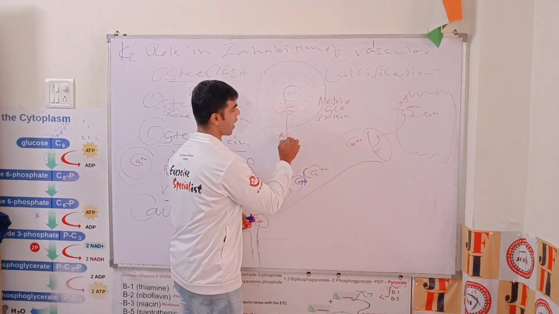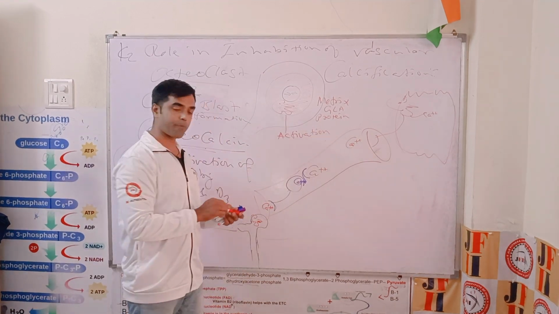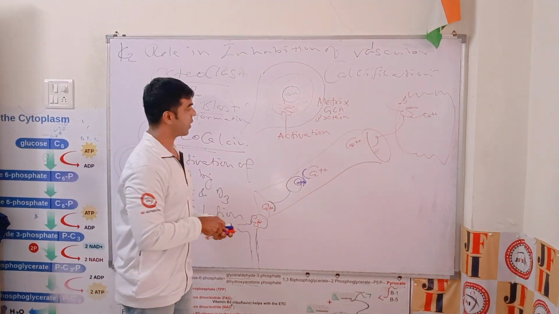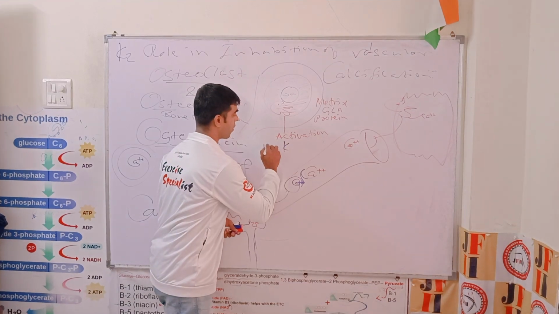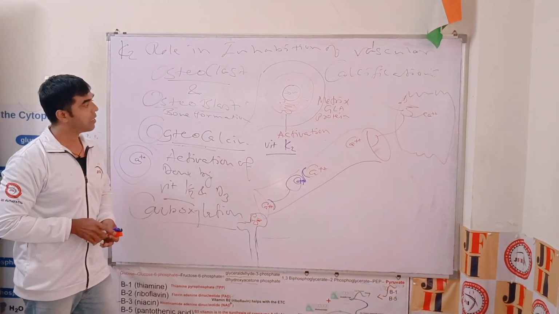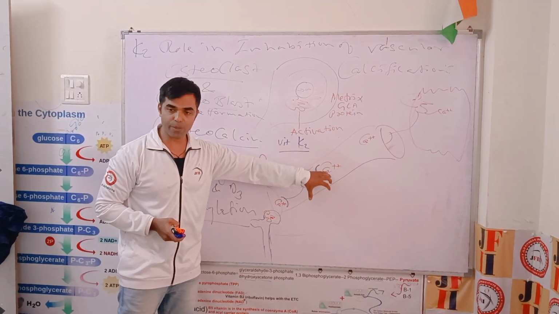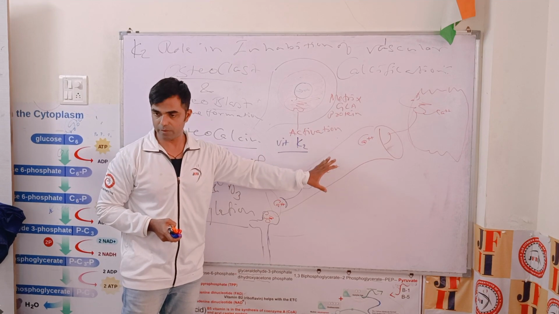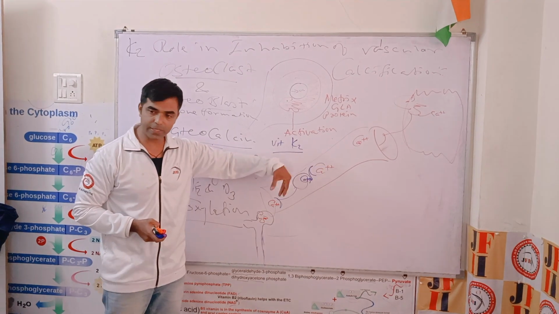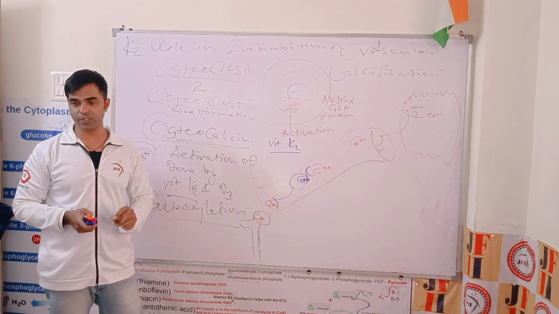So activation of matrix GLA protein is done by vitamin K2. Thus, this vitamin K2 does not allow the calcium to stay in the blood, right? It will take it away from the arteries and there will be no calcification.